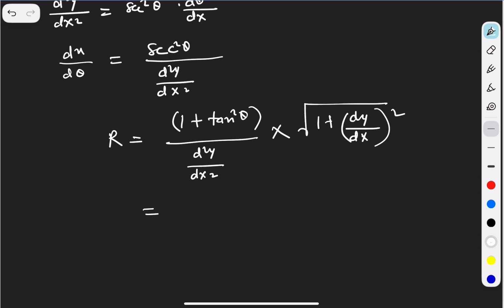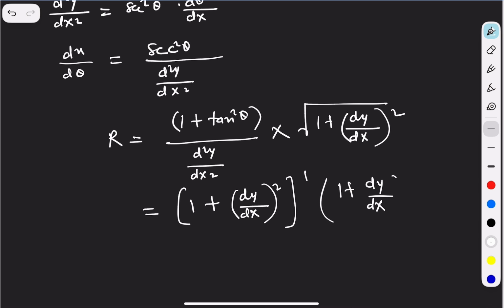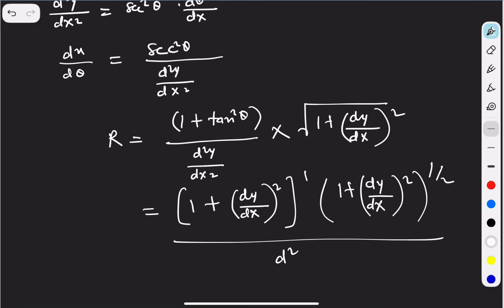So it will be dy by dx whole square power 1 into 1 plus dy by dx whole square power 1 by 2 divided by d square y by dx square is equal to r.